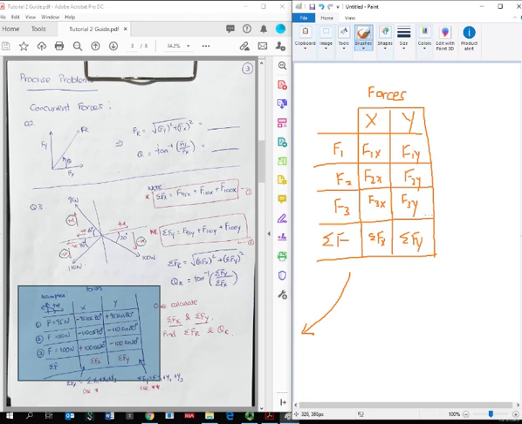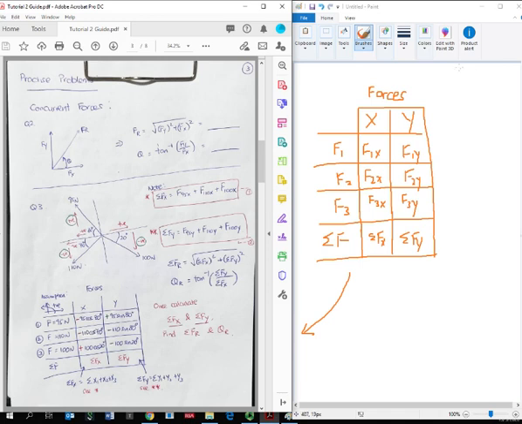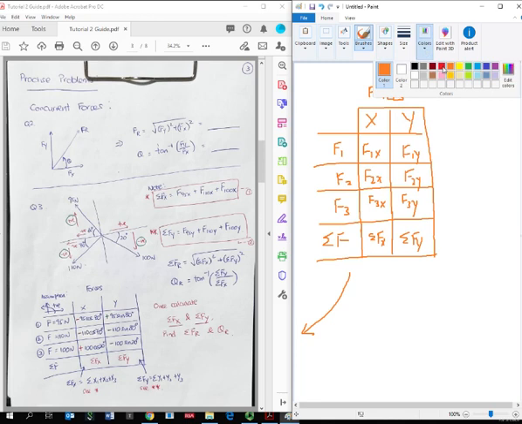Because of this table, you see the diagram here. The diagram tells me the x and y direction. With the assumption that we always have, where x and y are up and counterclockwise is positive, the next process is to put in the signs, the direction of this positively.